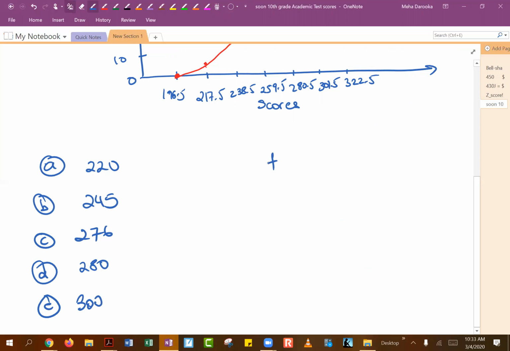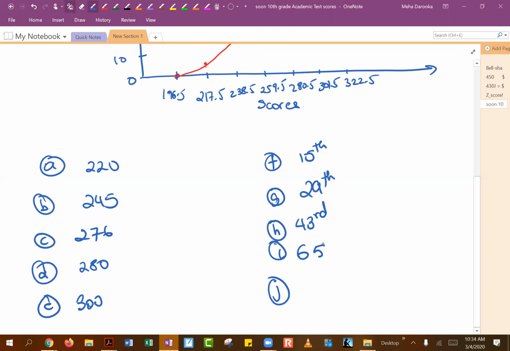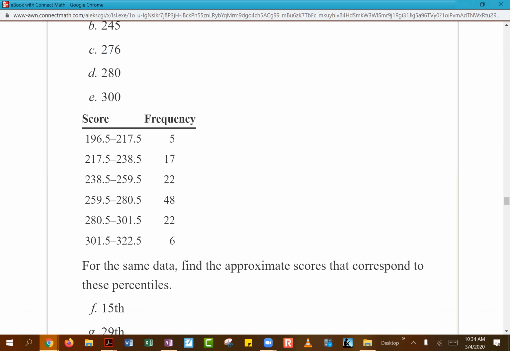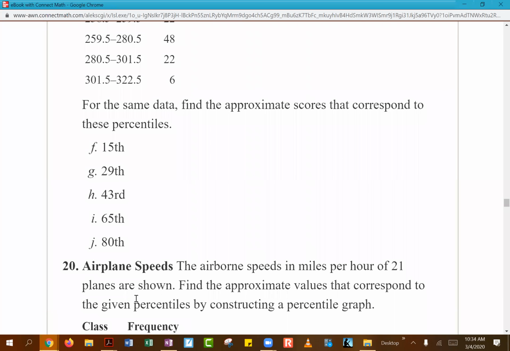And then you have parts F, G, H, I, and J, which is the percentile. So that's your 15th, 29th, 43rd, 65th, and 80th. So it's actually the bottom part that I'm writing down.